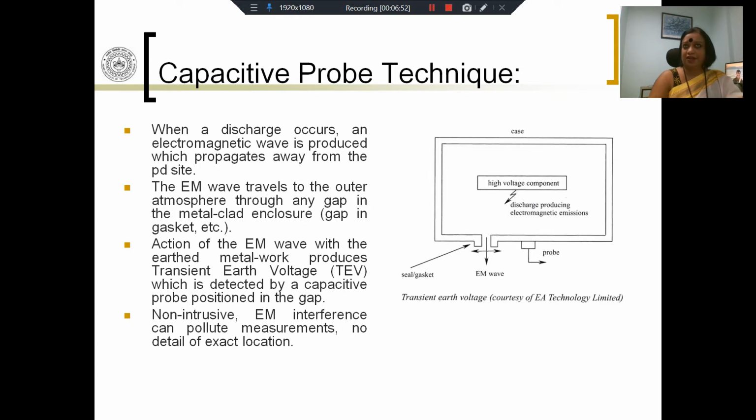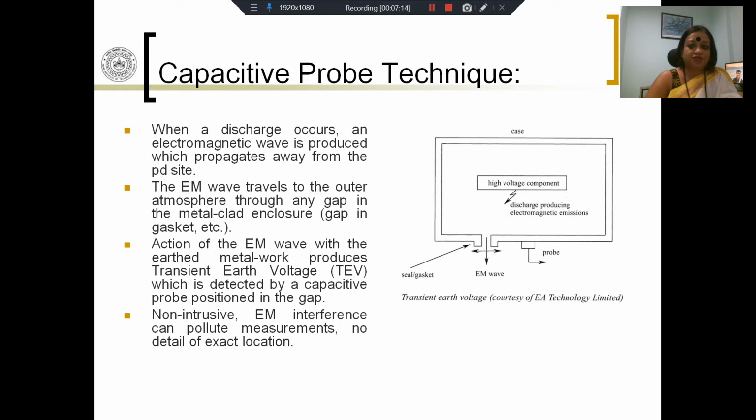There are earthing leads provided all around, at ground potential, and this electromagnetic wave can interact with that earthed metalwork and produce in it what is called a transient earth voltage. This transient earth voltage can be picked up using capacitive probes.